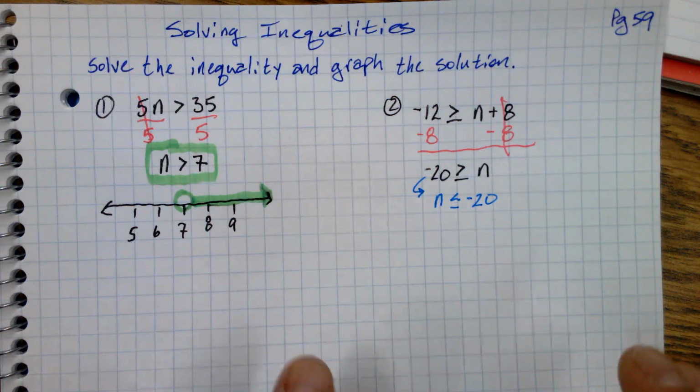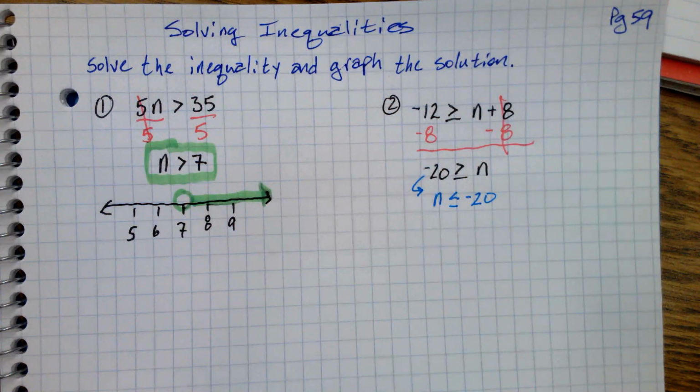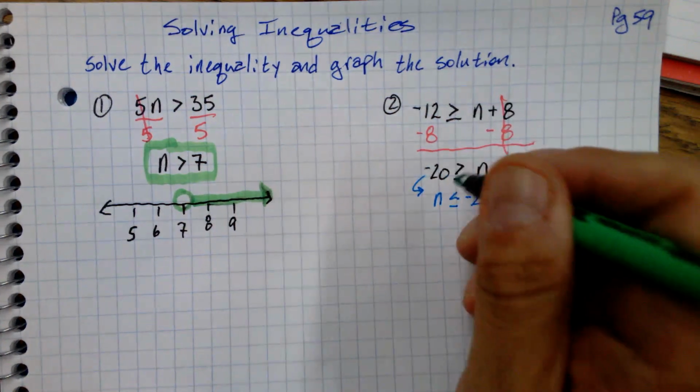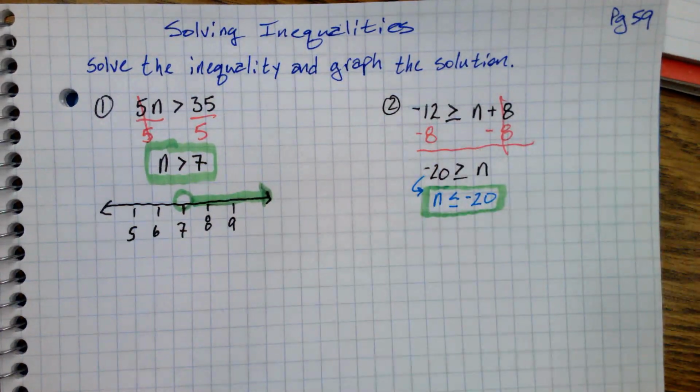It's very easy to look at the first version of our answer and get the graph completely opposite to what we want. So if this happens, where we have the variable on the right, once you get your final answer, flip it, and here we go.